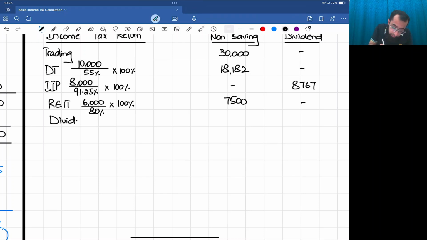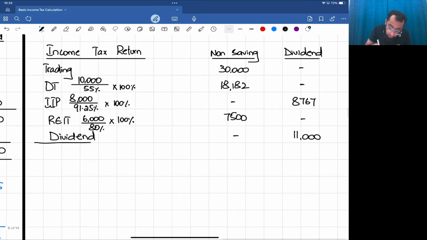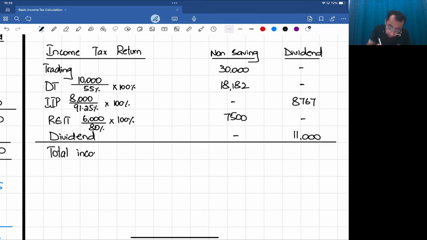So if you look at it again, it's very important that you remember the withholding taxes. These won't be given in the examination. You need to remember these withholding tax percentages. Okay. Now you will arrive at the value of total income. 30,000 is the trading, then 18,182 the discretionary trust, and 7,500 of real estate investment trust.